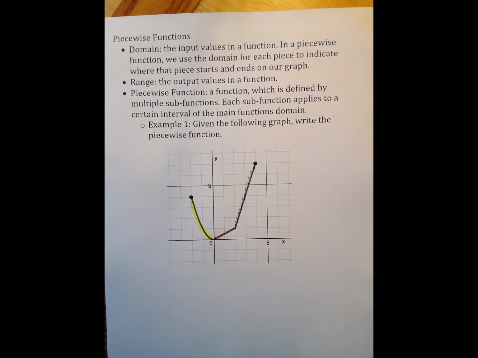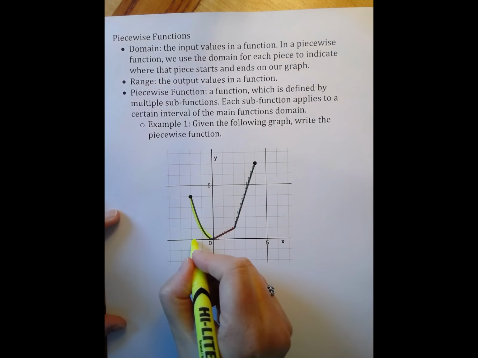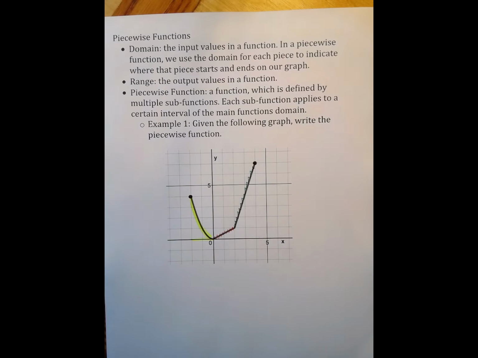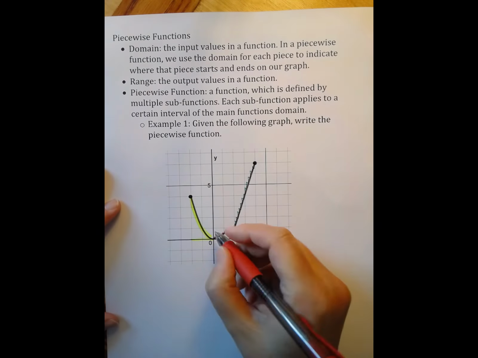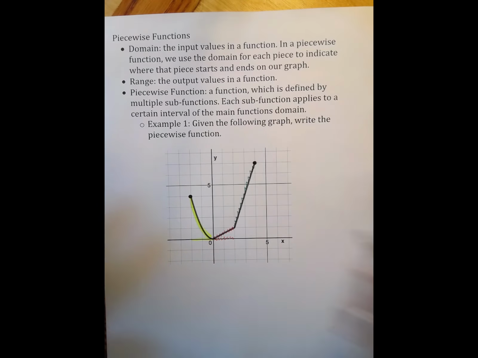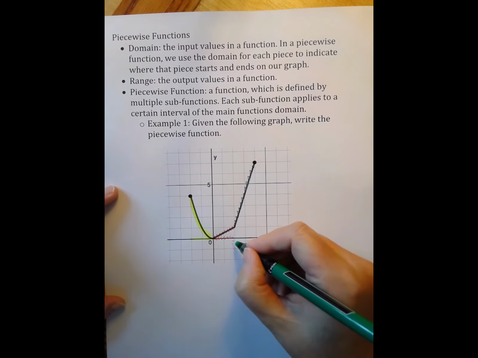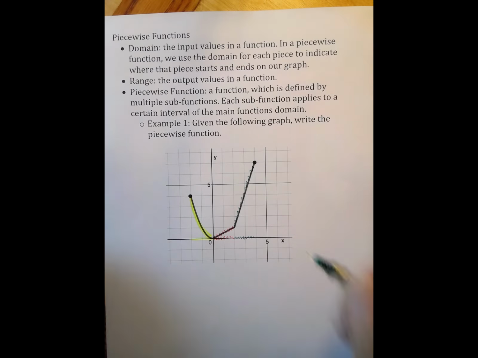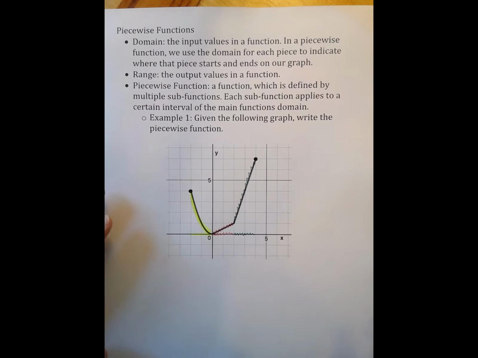And by the heres, we mean the x's. So I have one function that has those x's as its domain, one that has these x's as its domain, and the third has these x's. So this function has three subfunctions in it.